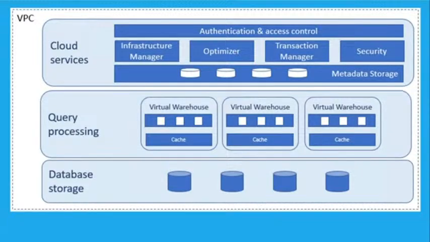I recommend you make some running notes also; I will share this content after the end of the session. This query processing layer is a hardware component, which is called a virtual compute warehouse.